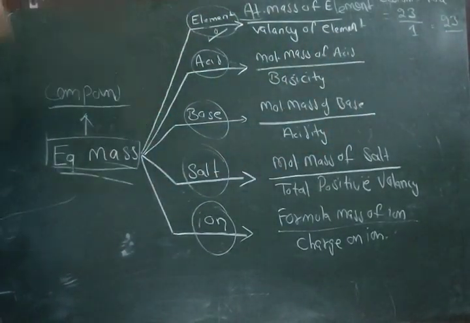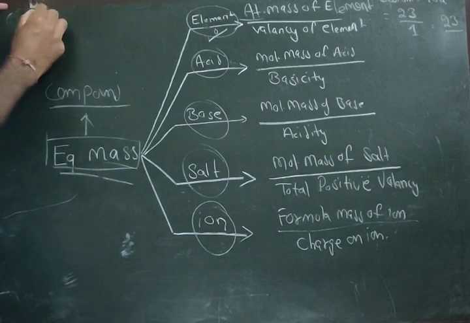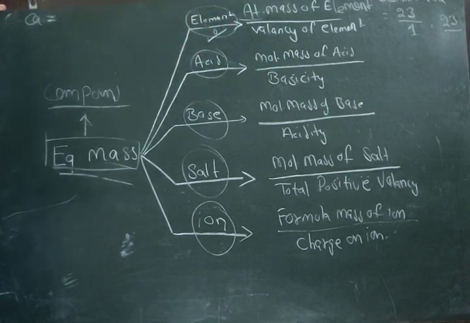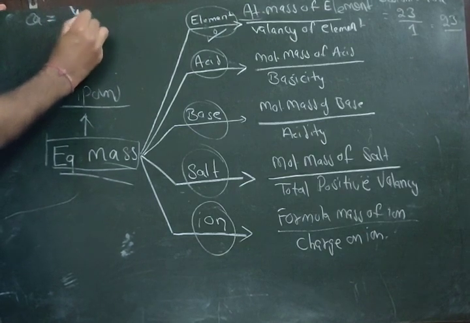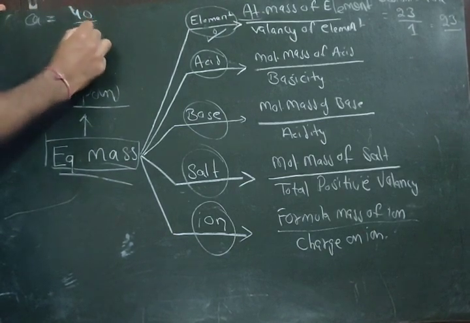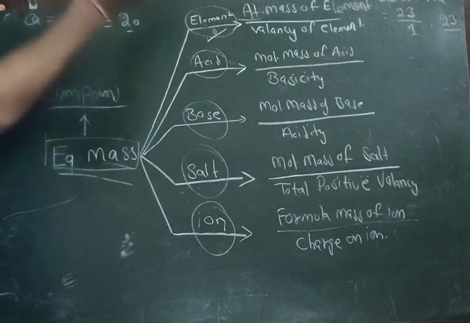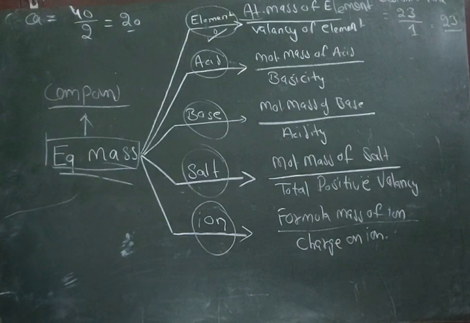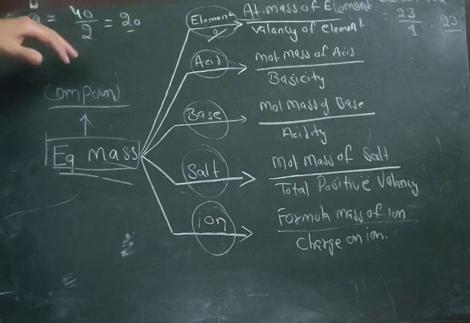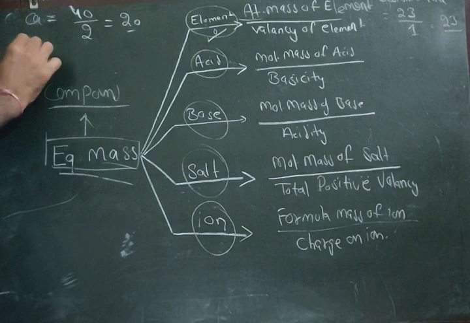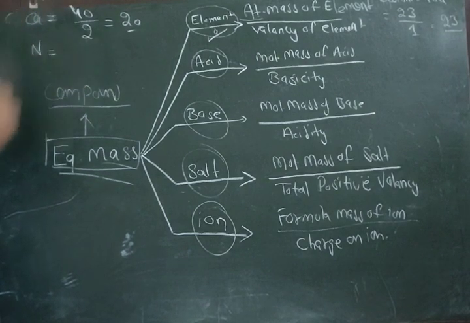Now take the case of calcium. The atomic mass of calcium is 40 and the charge on it is 2, so the equivalent mass of calcium will be 20. One more example, nitrogen.